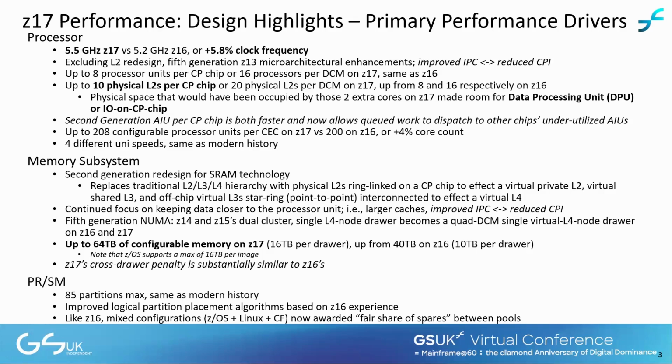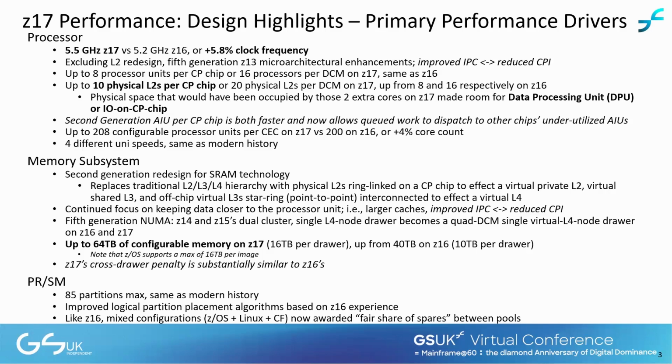So what else have we done? A significant microarchitectural change since Z16 is, well, we had 1-to-1 of these physical level 2s per core, and we had 8 physical cores per chip on Z16.